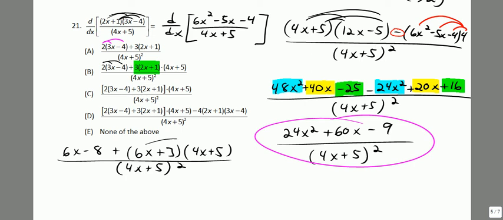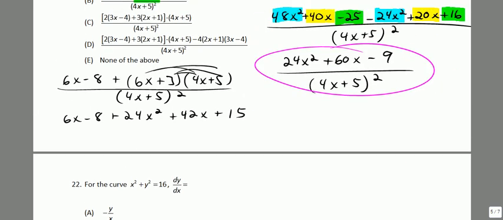FOIL that out first, outside, inside, last: 6x minus 8 plus 24x squared. Let's see, 30x's and 12x's is 42x's plus 15. And that's over 4x plus 5 squared. So I got the 24x squared piece.